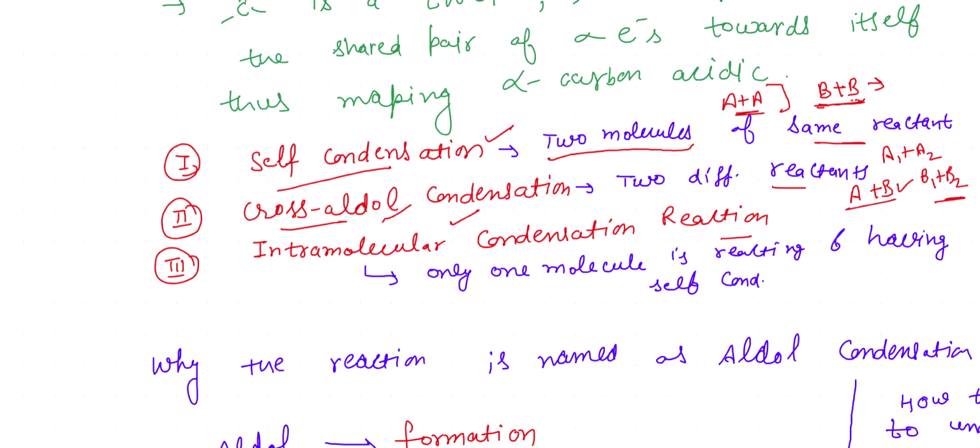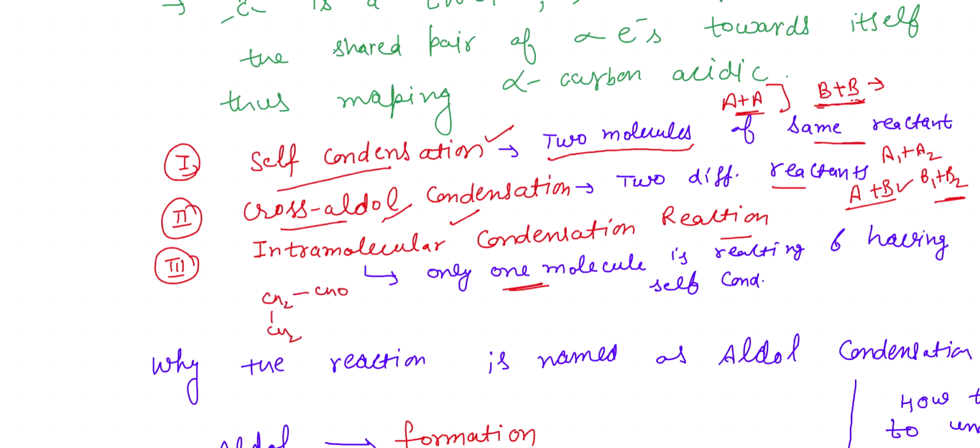Okay. In intramolecular condensation, only one molecule is reacting. Why will only one molecule react? Because a compound contains two aldehyde groups, such as this one.